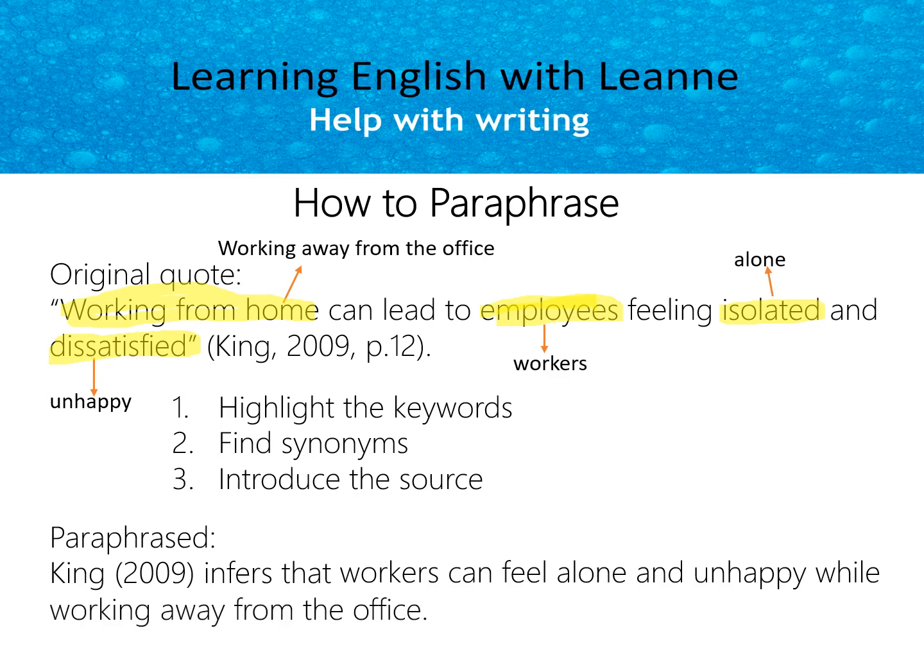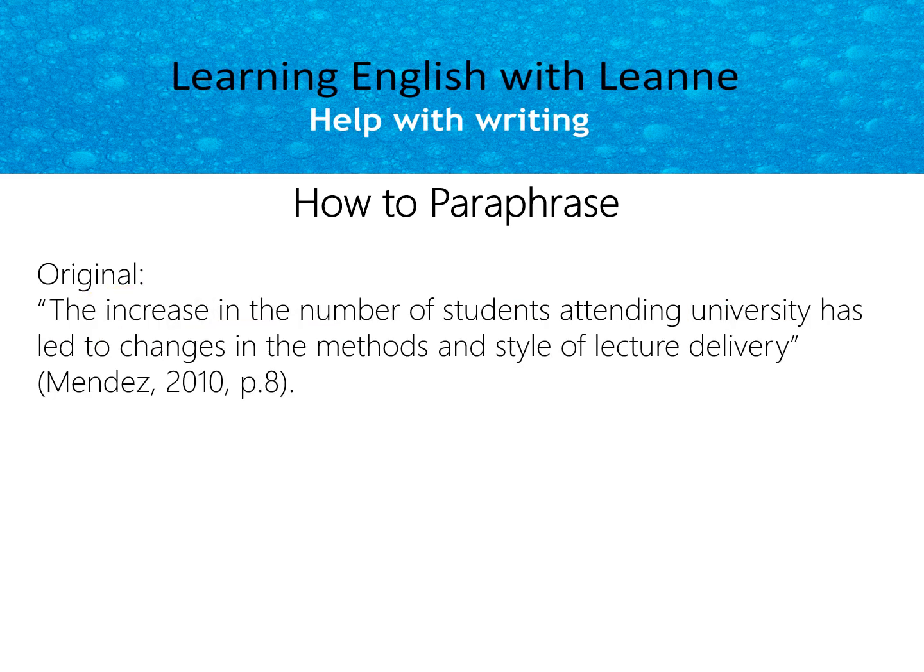And then I'll finish it with the first part of this sentence. So King infers that workers can feel alone and unhappy while working away from the office. So I've used synonyms, I've got the key concepts, I've changed the order, so I've got a good paraphrase.